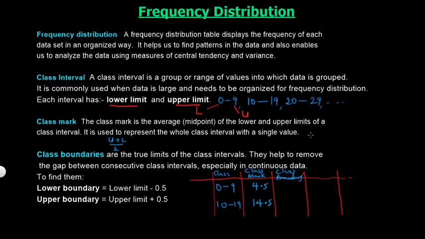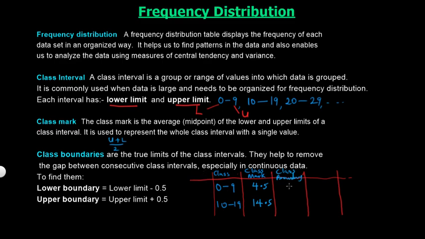So in order to cater for the values that are not going to be wasted away, there is need for class boundary. They are the true limits of the class interval. They help us to remove the gap between consecutive class intervals. So that's the work of class boundaries, so that every value in a data set is catered for.